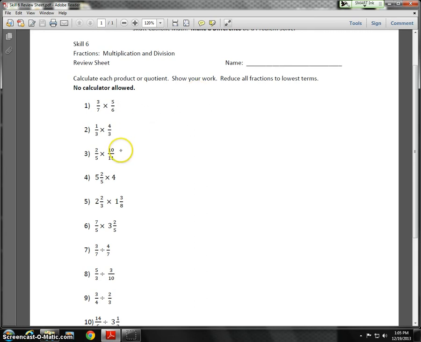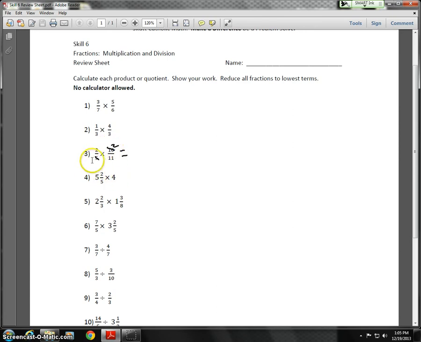If we take a look at number 3 here, you might decide that maybe I want to go ahead and reduce my fractions before I do my multiplication. And I can do that. We have to cancel something from the denominator and something from a numerator. Well, we look in the numerators and denominators of these two fractions. We see a 10 in the numerator, and then we see a 5 in the denominator. Well, 5 goes into 10 2 times.